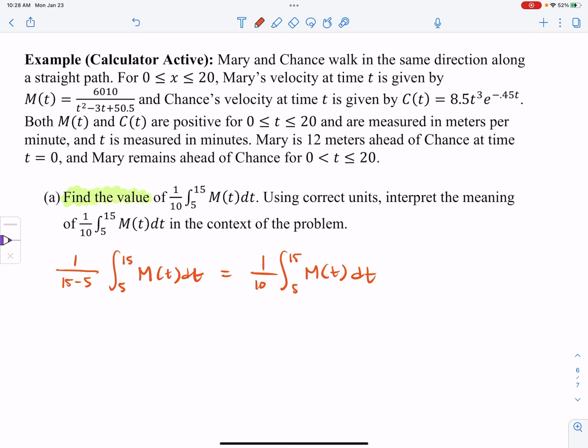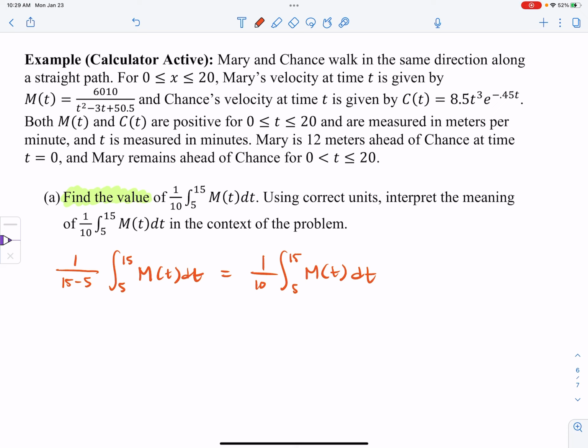So using our calculator, I'm going to type in, especially because we don't know how to integrate the equation for m of t yet, 1/10 times the integral from 5 to 15 of, I'm using the fraction bar, 6,010 over x squared minus 3x plus 50.5 with respect to x in my calculator.